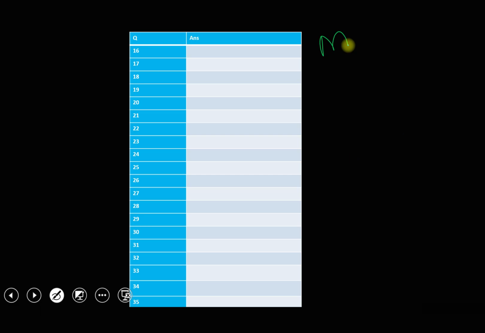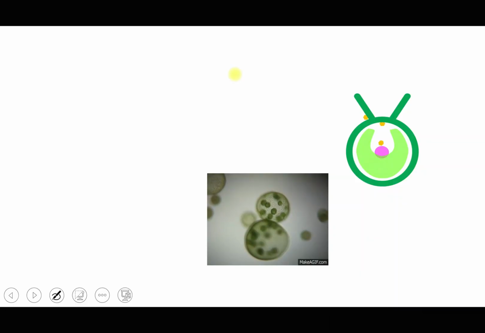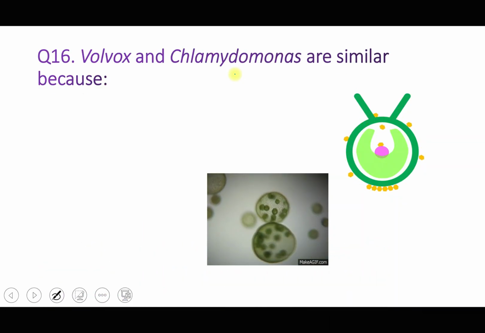I will read the question and then the options. The option which you feel is correct, you can write in front of the question, and I will also tell you the correct answer. If you answer it correctly, you can give yourself 1 mark, and at the end you can calculate your score.